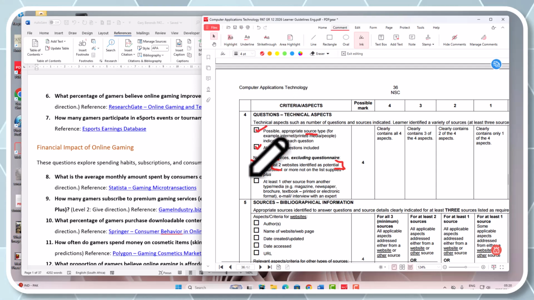So guys, like I said, I'm guiding. As an educator, I need you to understand that you need to read through your PAT and actually understand what's going on. So I guided, but you needed 2 websites per question. At least 1 other source, and that's really the one where a lot of people lose a lot of marks.